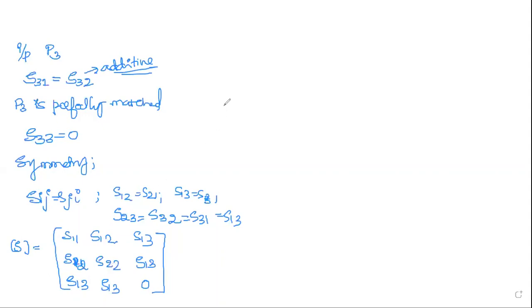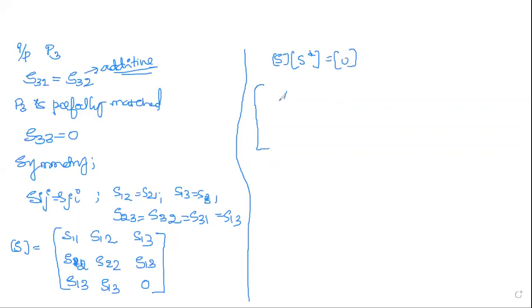Now the next step again remains the same. You will be writing the S matrix times its complex conjugate, which is equal to the unity matrix. So if I write your S parameter, it is S11, S12, S13, S12, S22, S13, S13, S13, 0.